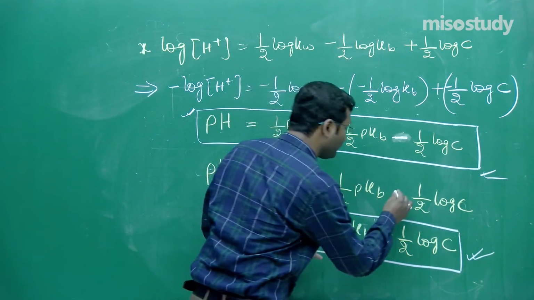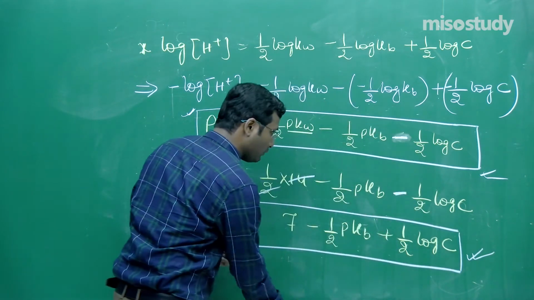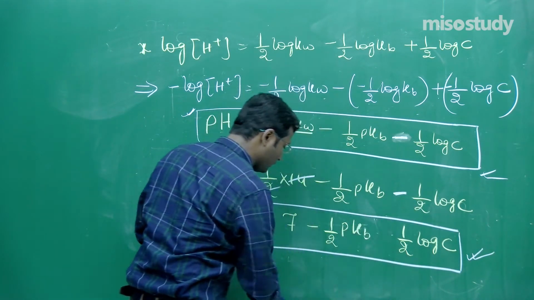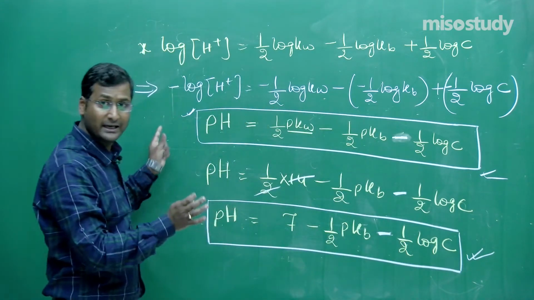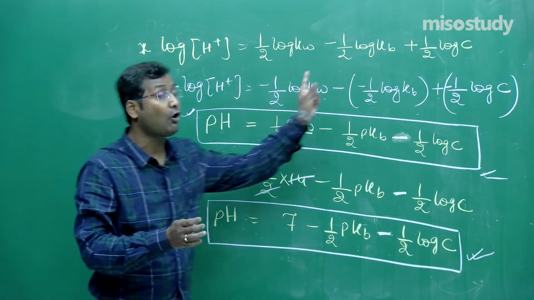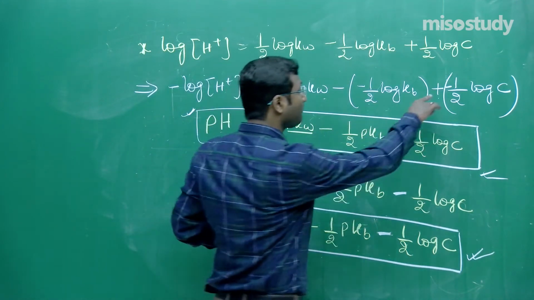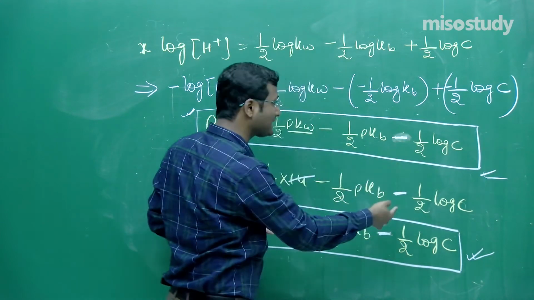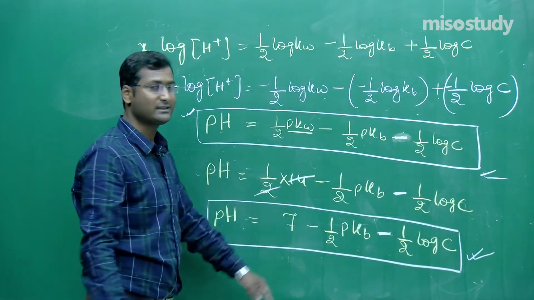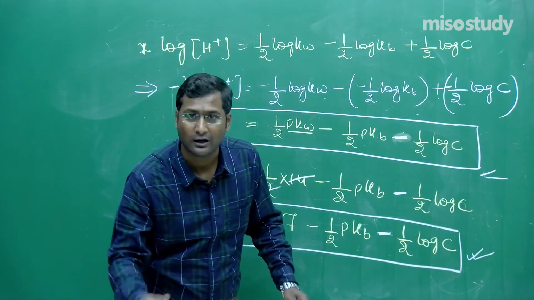This was a slight confusion, so you have to clear it out. So what I'm telling is, if I take the minus sign, then convert all the terms accordingly. I think you are all getting this.